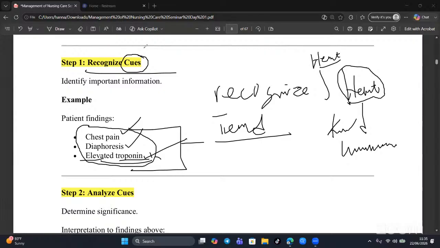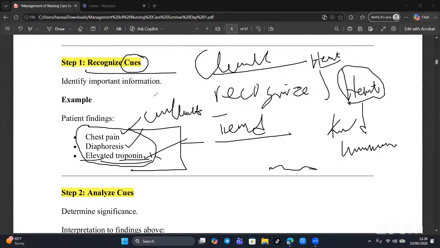diagnoses. But among the signs and symptoms, there will be a cardinal sign that will help you to recognize the cue. That is what doctors use to diagnose patients. You can't just give medication to a patient without collecting data.